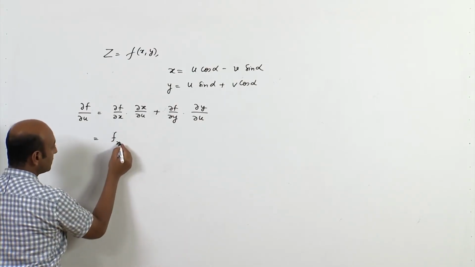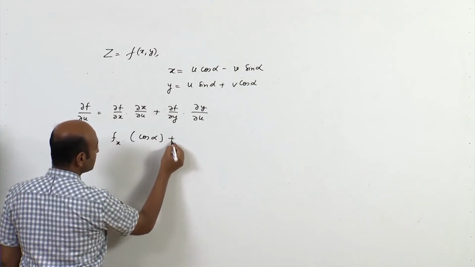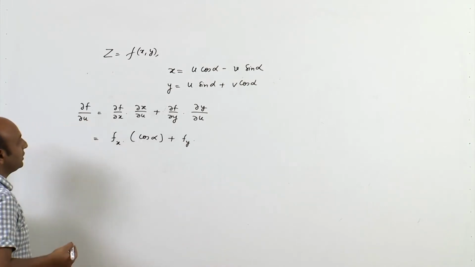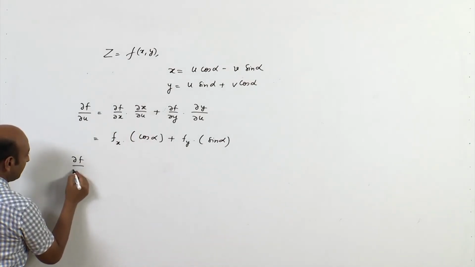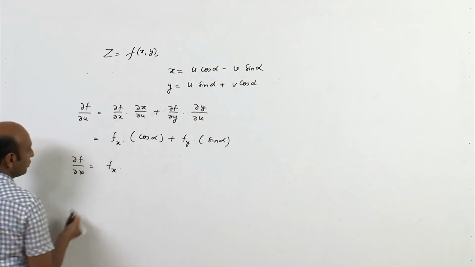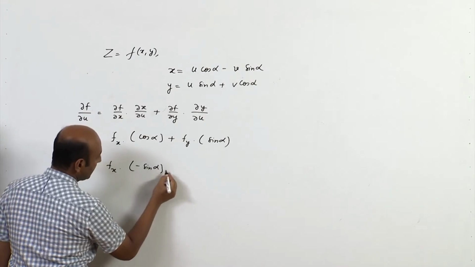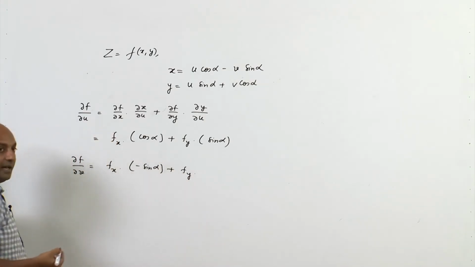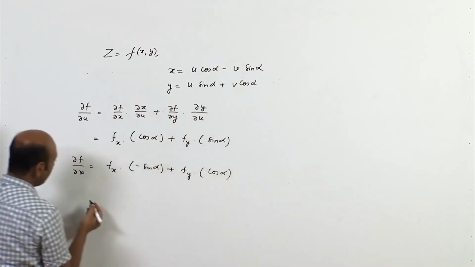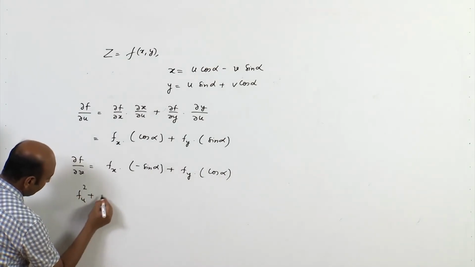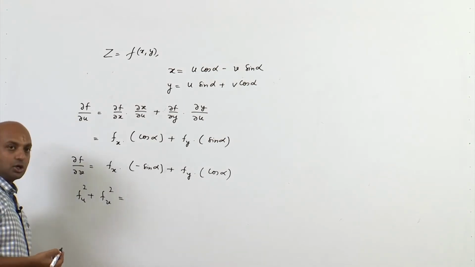So, it is f x into del x by del u, which is cos alpha, plus f y into del y by del u, which is sin alpha. Now, del f by del v is again f x into del x by del v, which is minus sin alpha, plus f y into del y by del v, which is cos alpha. Now, if you square and add both these equations, what will we obtain?